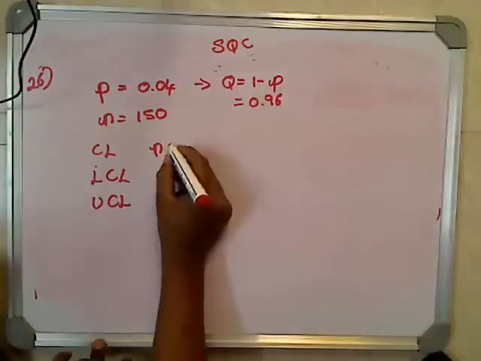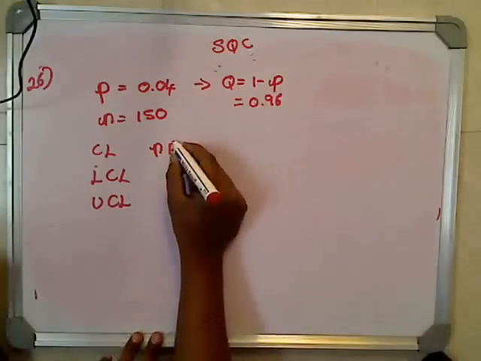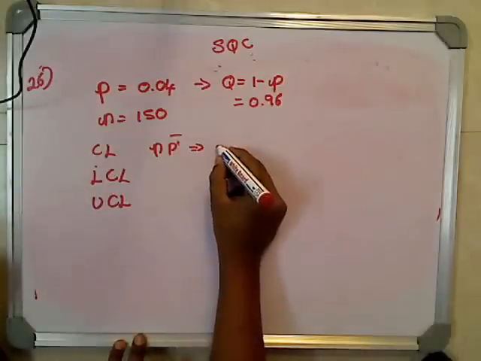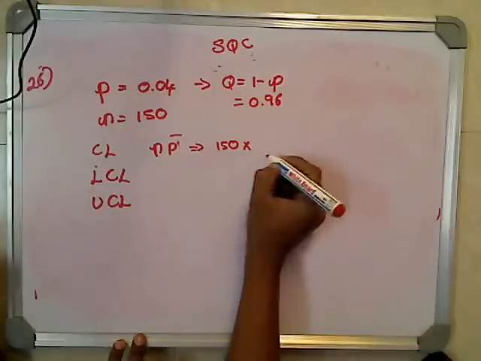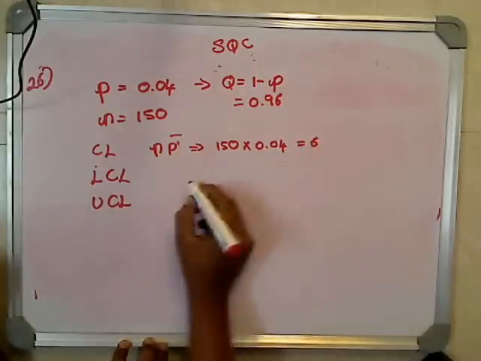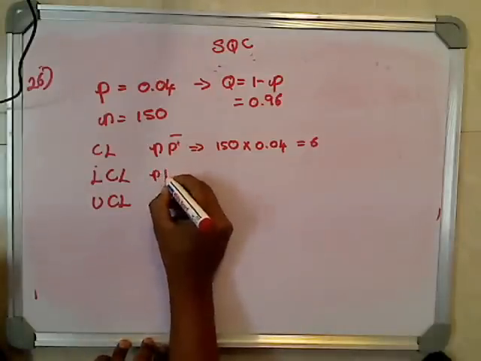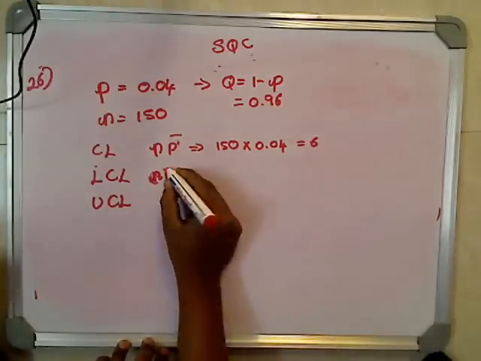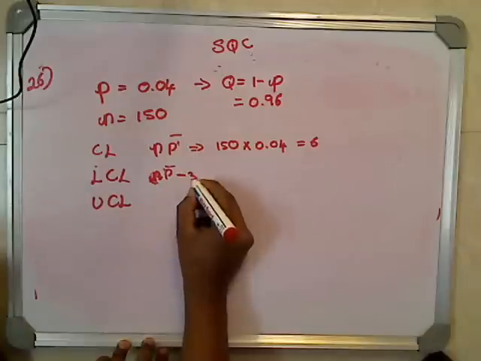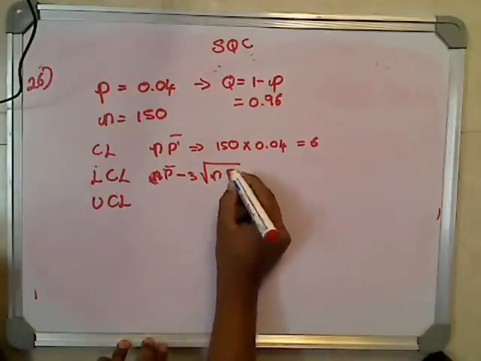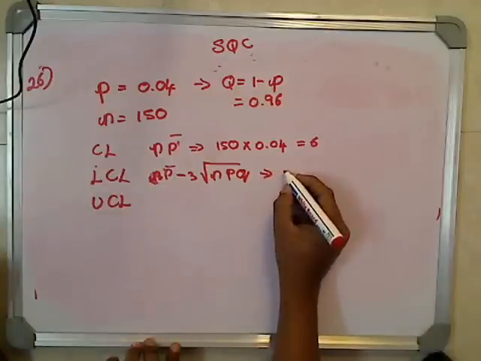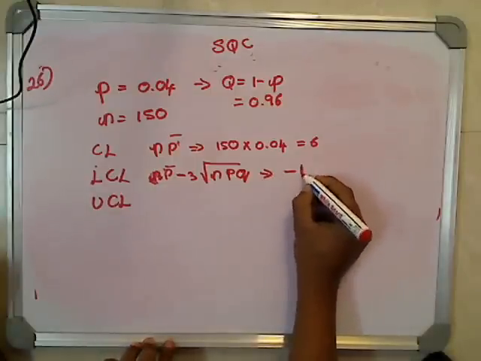Control limit here is NP. NP here is given as 150 multiplied by the proportion you mentioned, 0.04, which is nothing but 6. And the next thing that you have, NP minus 3 square root NPQ, should give you the answer minus 1.2.